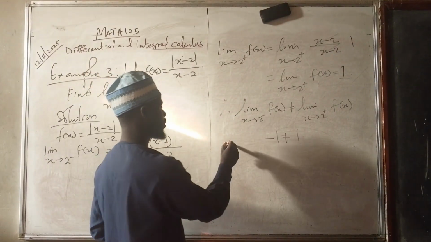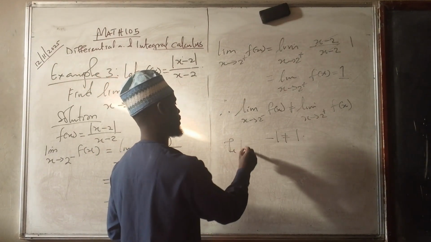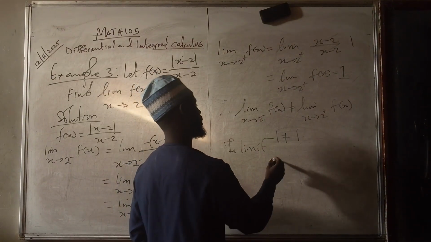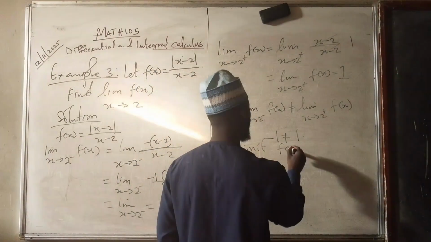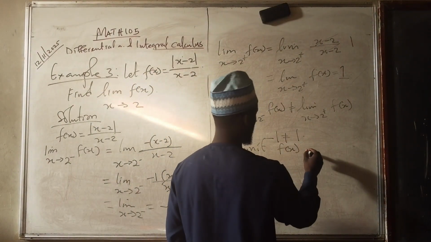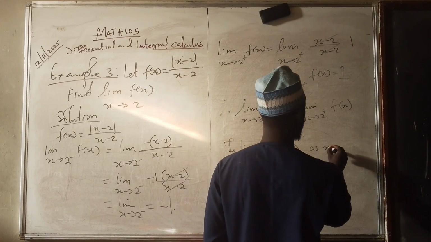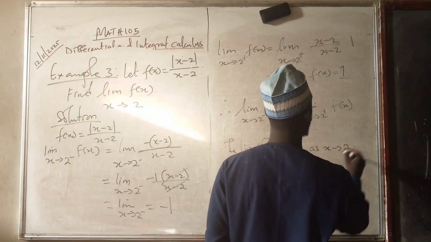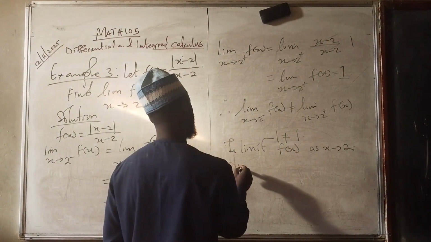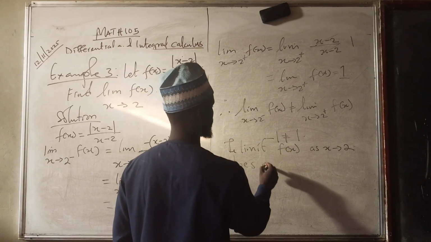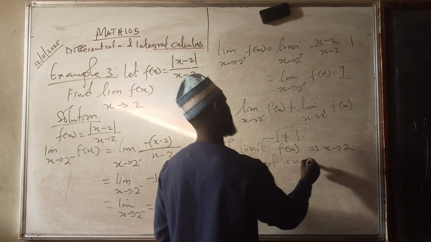And therefore, the limit of f of x as x tends to 2 does not exist.